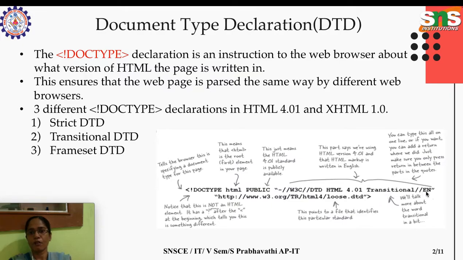Followed by this location, which is nothing but the file that identifies the particular standard, here transitional. Similarly we have the frameset and strict DTD.